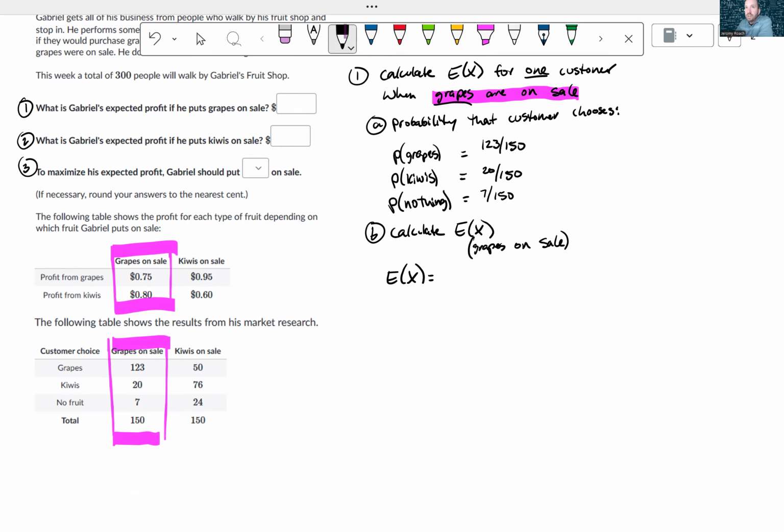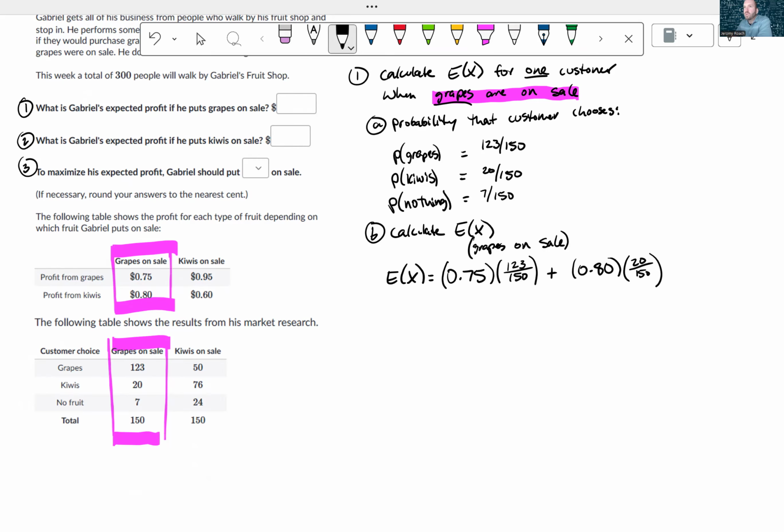So the expected value is the profit from the grapes when the grapes are on sale, 0.75, times the probability that somebody chooses grapes, 123 out of 150, plus the profit from the kiwis when grapes are on sale, 0.8, times the probability that the customer buys a kiwi even though grapes are on sale, 20 out of 150.